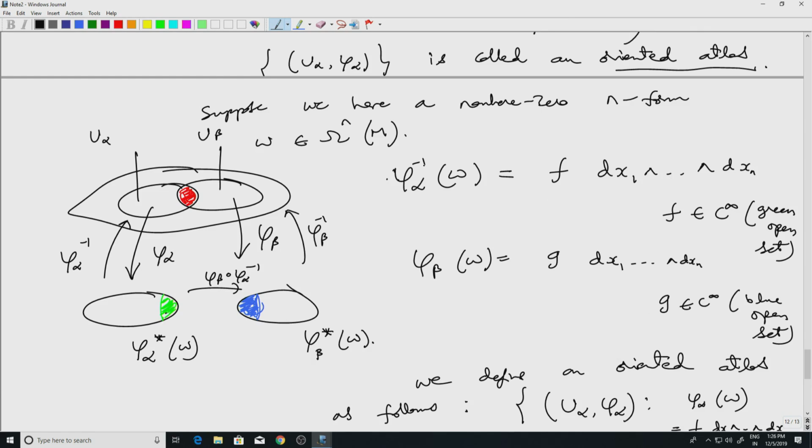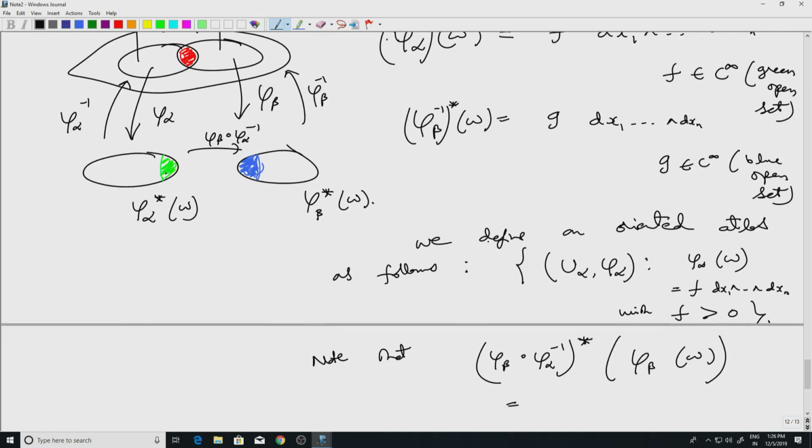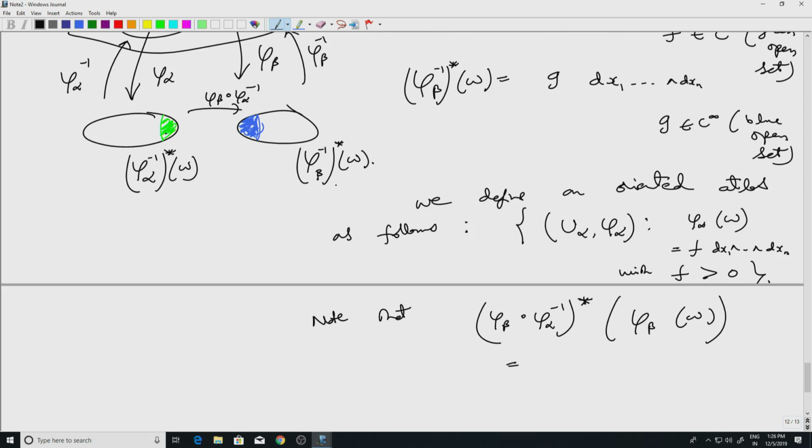So phi alpha inverse star, and here too phi alpha inverse star.